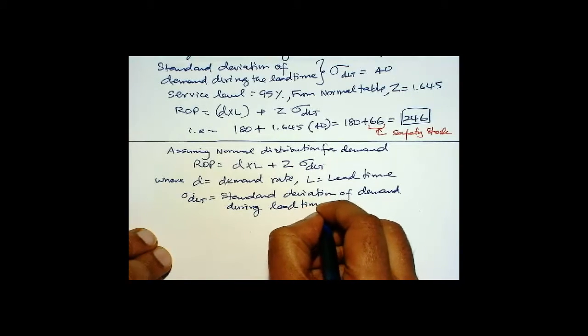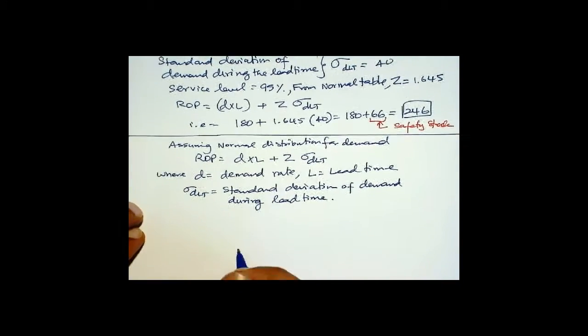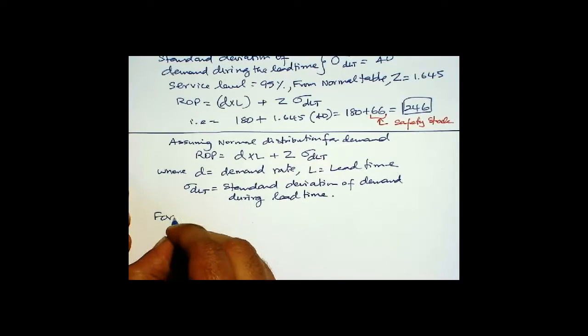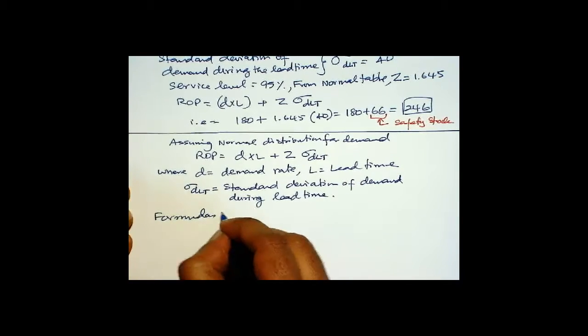Now, what are the formulas for sigma sub DLT?